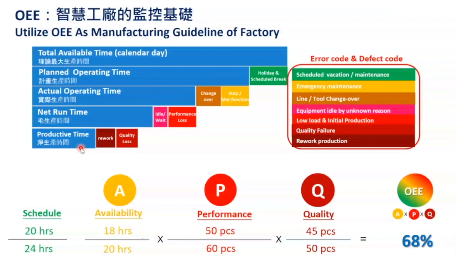So the formula involved is actually A, the availability, P, the machine performance, and Q, the product quality. These three pieces of information are going to comprise all the information inside and help you to achieve a better OEE percentage.